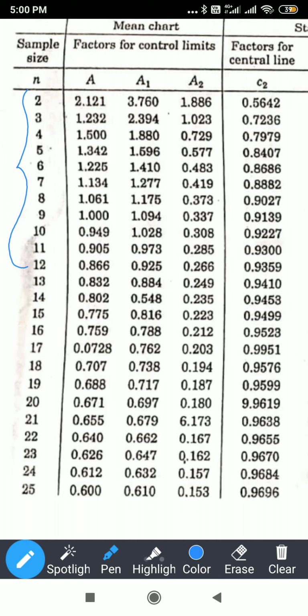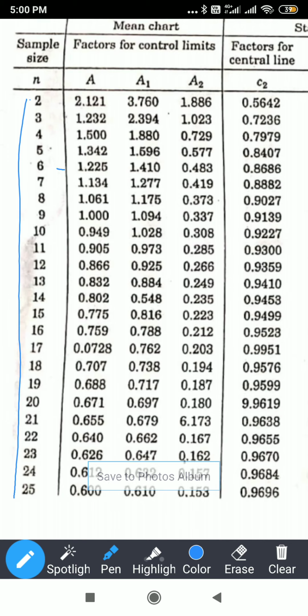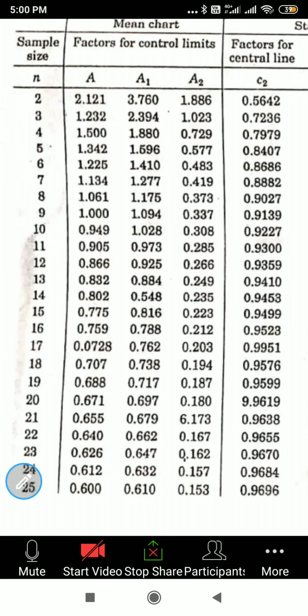We look at the values for each sample size. In the present problem, each sample size is 6. For 6, the A2 value is 0.483. That is what we keep here.